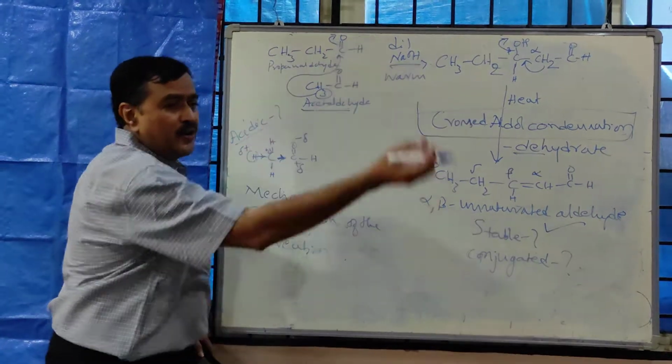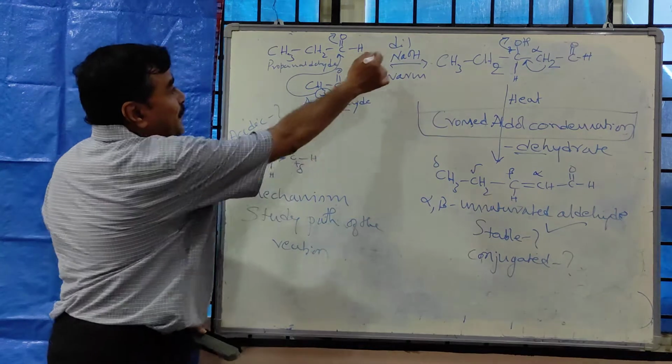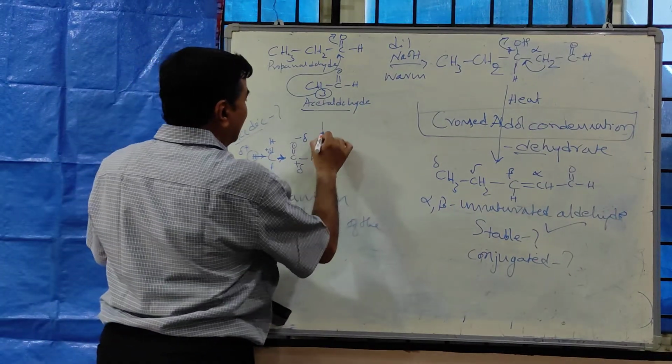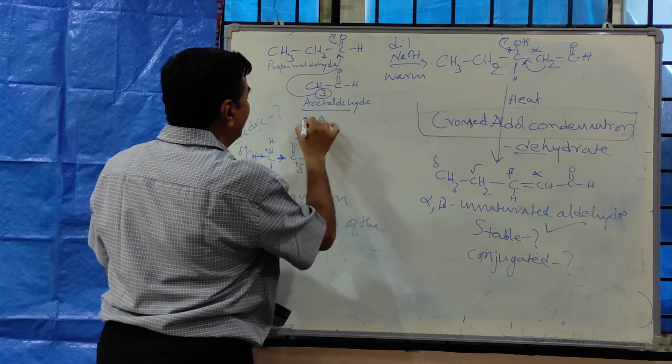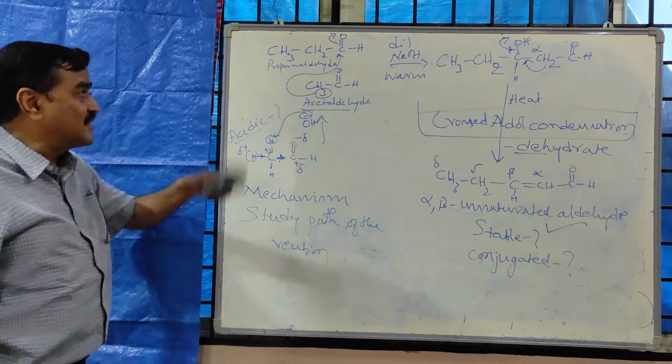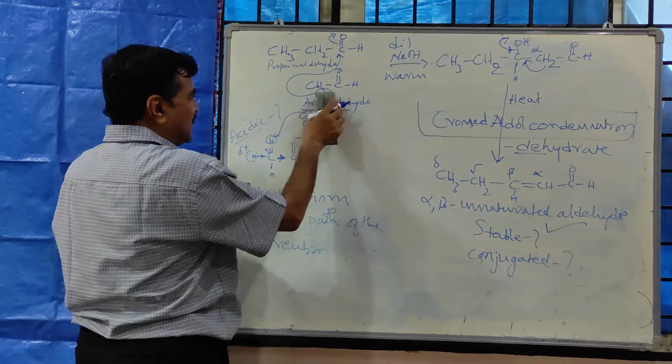The proton can be donated to another species. To whom? The base comes here. Who is that? OH minus. It will come and knock away the proton. Once it knocks away the proton, hydrogen is gone.